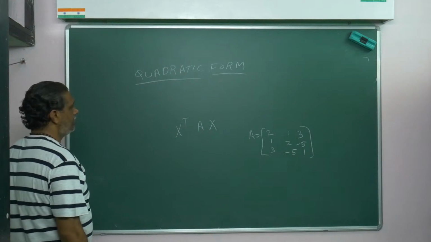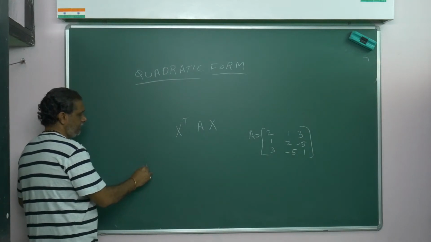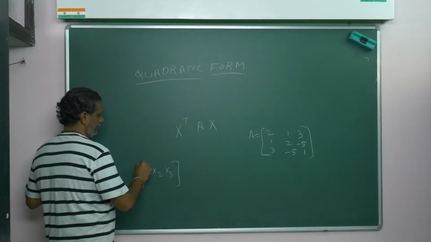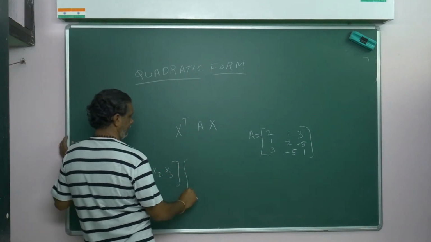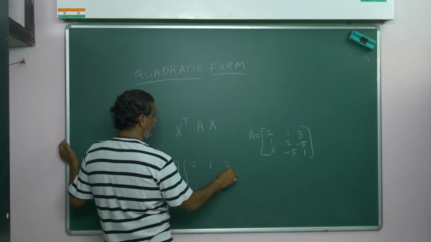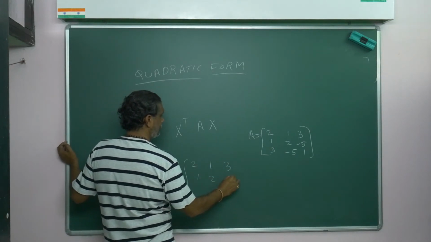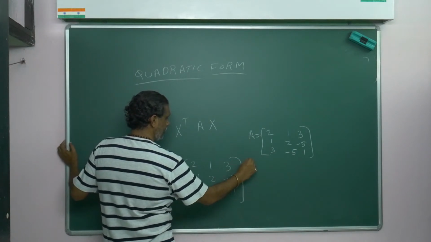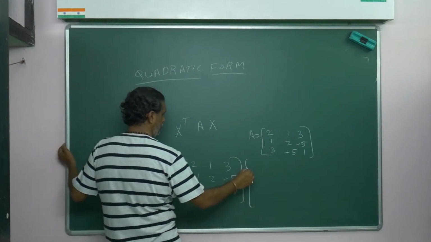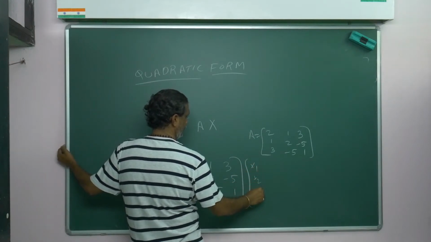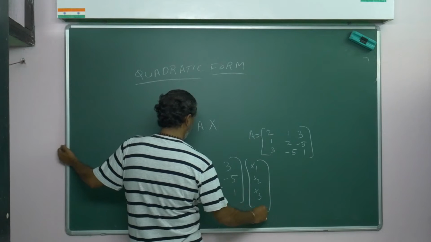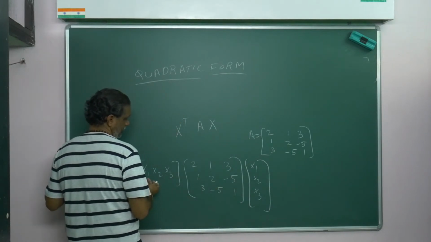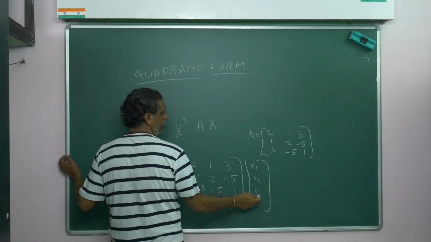If they ask for the quadratic form, you take x1, x2, x3, then the matrix A with rows 2, 1, 3; 1, 2, minus 5; 3, minus 5, 1, and then x1, x2, x3 again. Quadratic means the same variables on both sides. Bilinear means x1, x2, x3 on one side and y1, y2, y3 on the other.